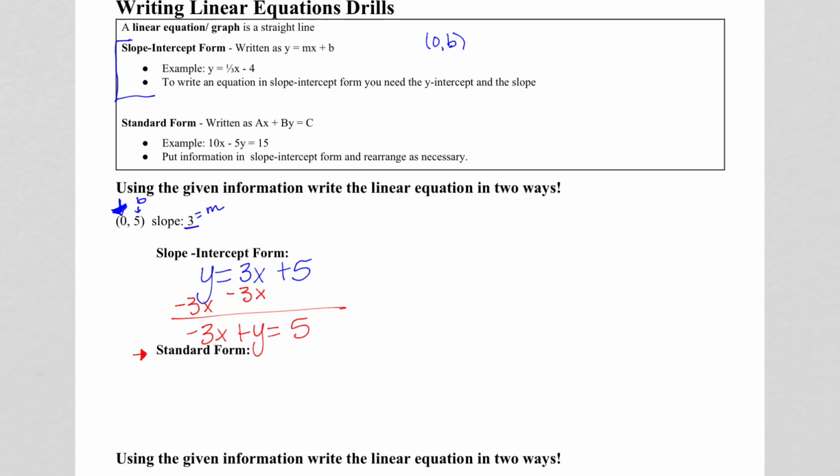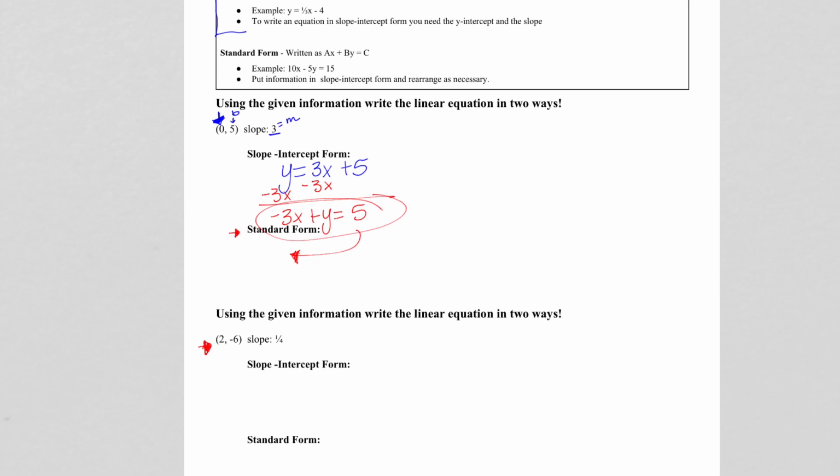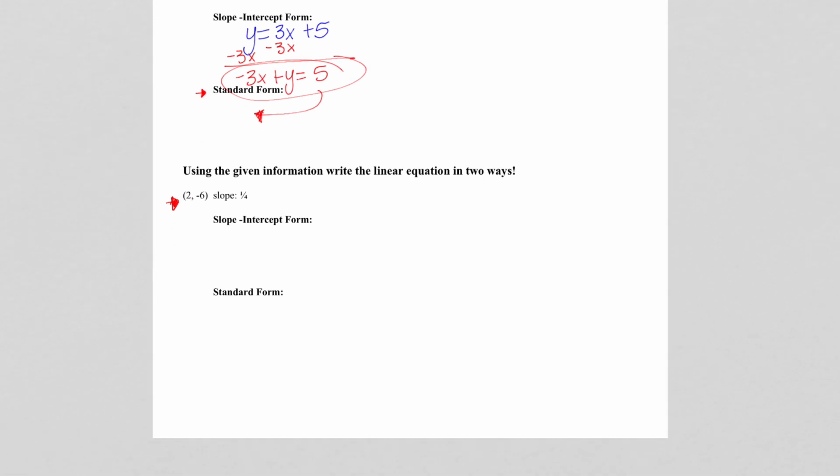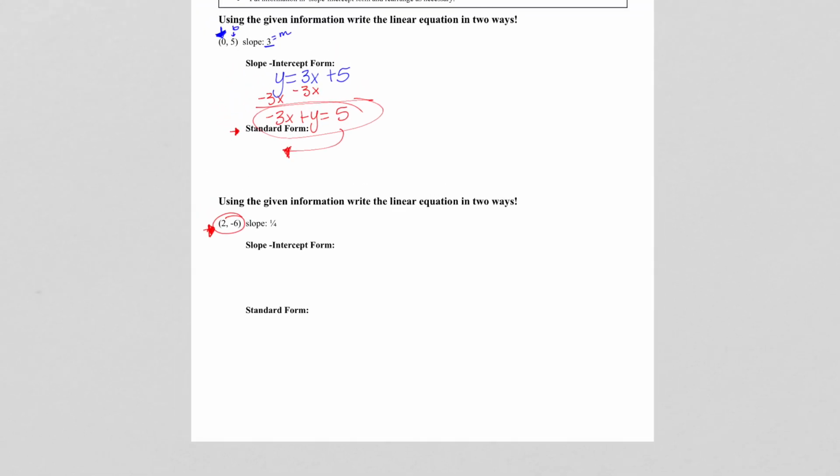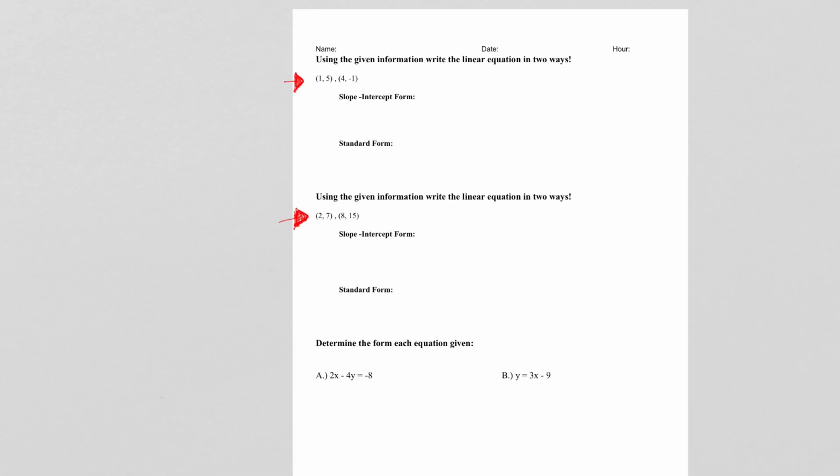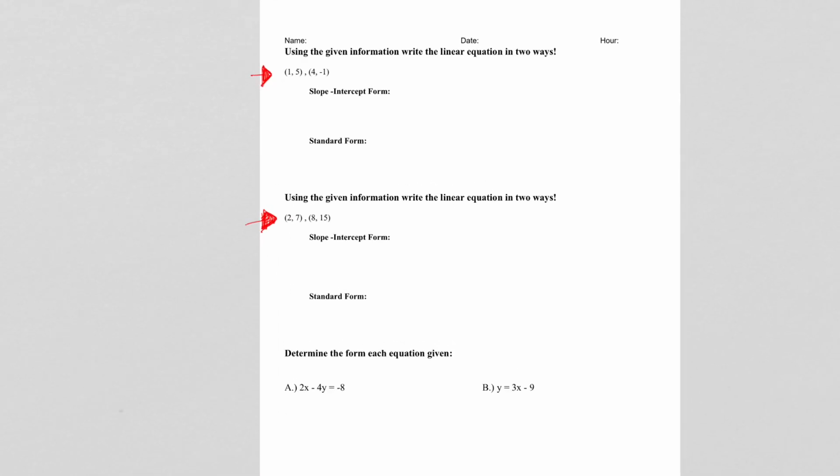That would technically be in standard form. So that would be down here. Okay? So we're actually going to skip all of the problems that don't have a point that is your y-intercept. So we're skipping this one. Let's go to the next page. We're skipping both of those two.